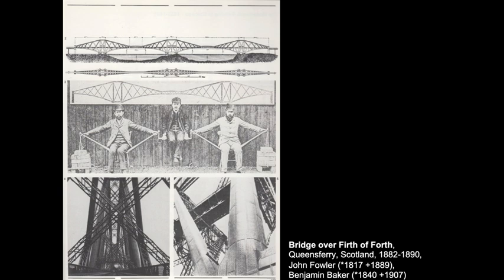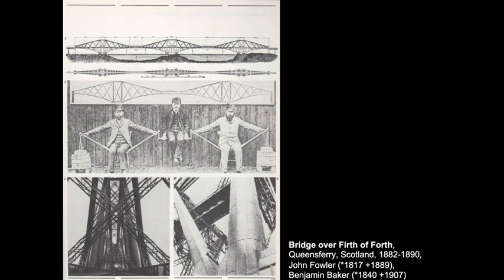As I told you, steel is very much recommended to cover tensile forces, and I showed you with this picture how that works and how you can overcome long distances with the principle of tensile forces.